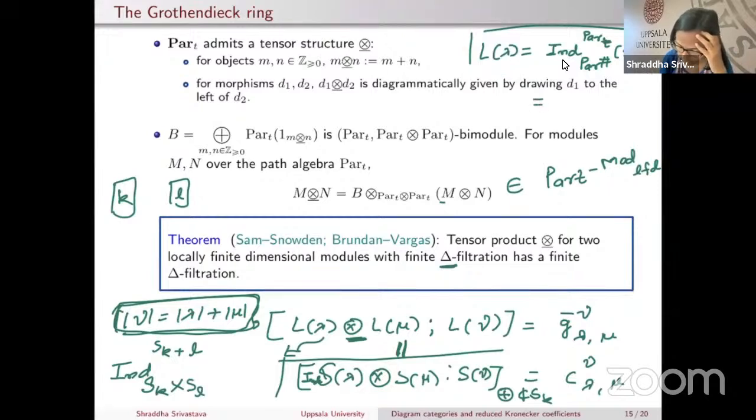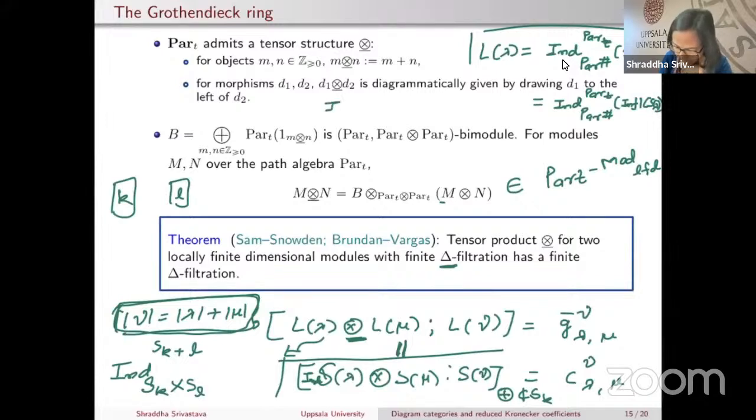Okay, let's do this. Write it. So this inflation means that the things which have a positive grading act as 0, and S lambda.